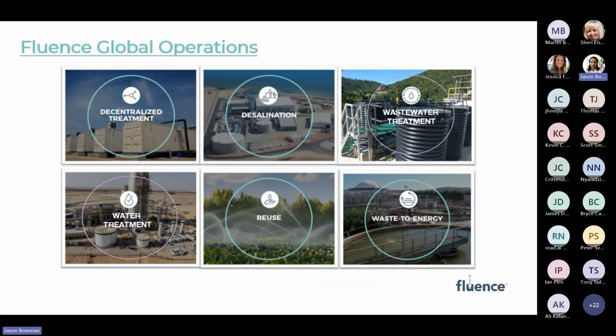We have 6 main areas of focus, ranging from decentralized and containerized treatment systems to full-scale desalination, full-scale water, and full-scale wastewater operations, not only on the industrial side, but also on the municipal side. Most of what we discussed today falls into that last area of focus, which is our waste to energy and digestates.